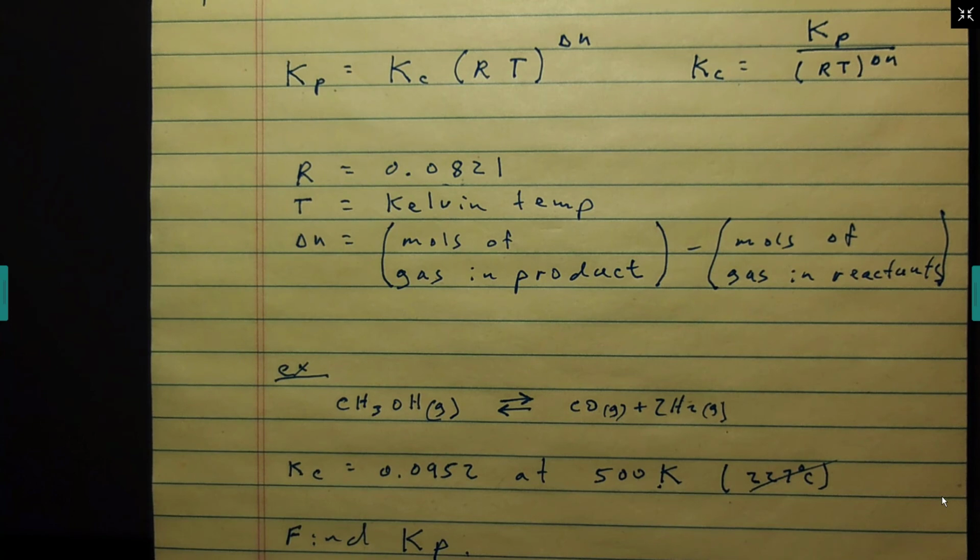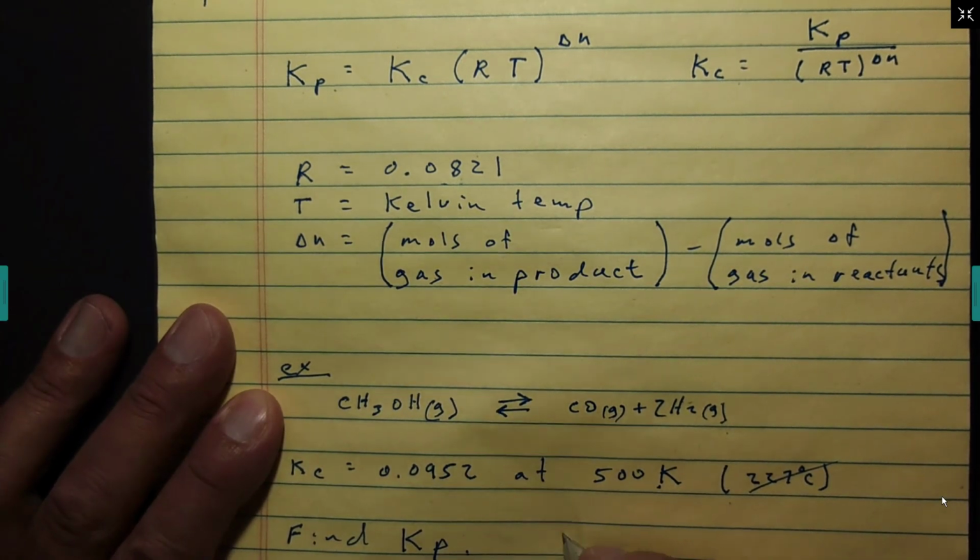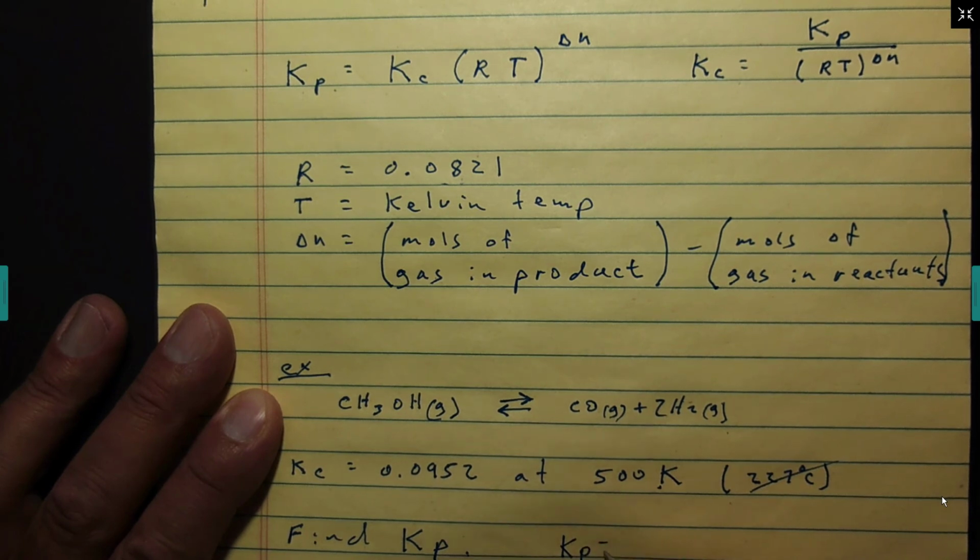Find the value of Kp. Oh, okay. Well, that equation right above says Kp equals Kc times RT to the delta N.